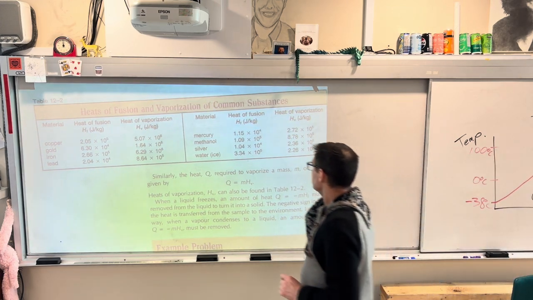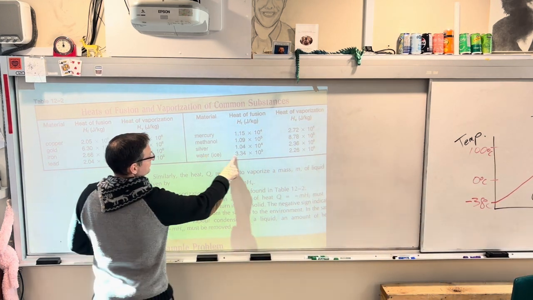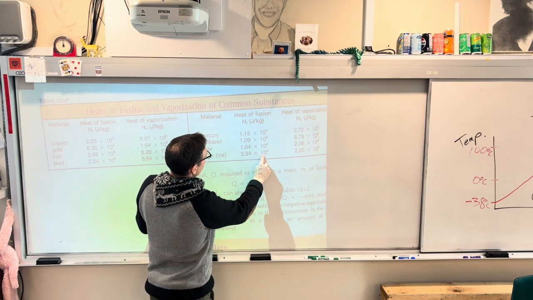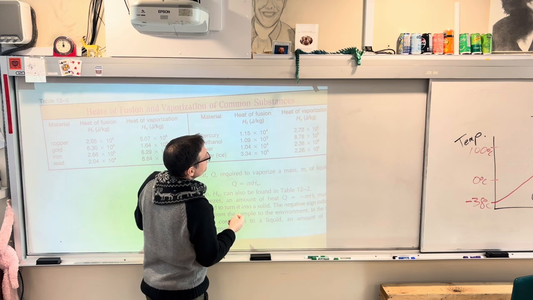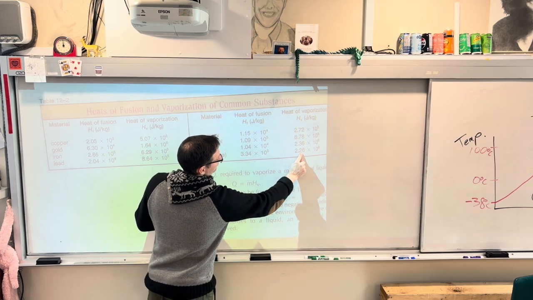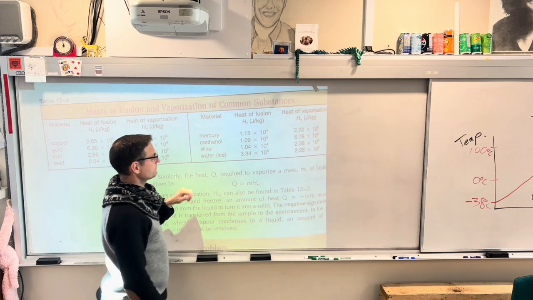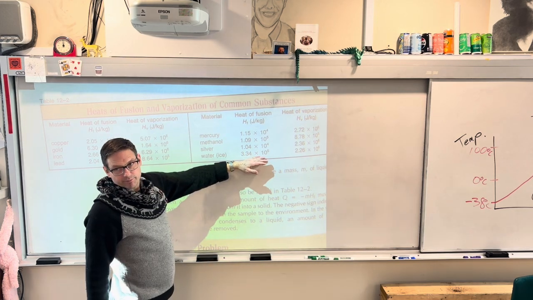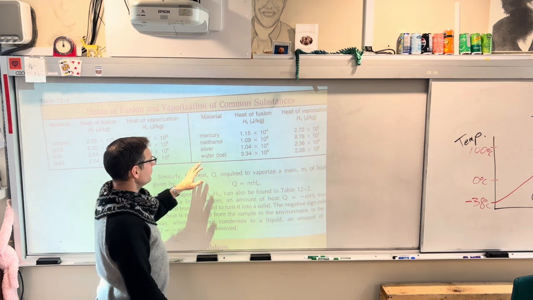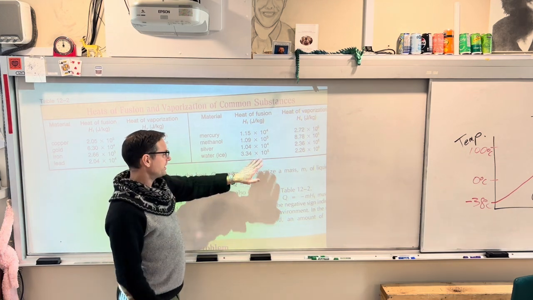So you'll see water ice is 33,400. Wow, that's a lot. And the vaporization is 2.26 times 10 to the 6. So you have to put in this amount of energy. If you're going from ice, like in our graph, the ice to water takes this amount.